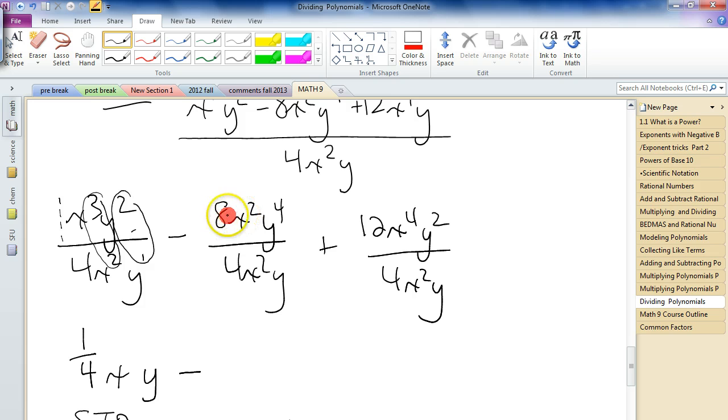Minus, here, there's no fraction to worry about. 8 divided by 4 is 2. The x squared minus the x squared. So the x's are gone, just becomes 1, which is 2 times 1 is just 2, so just leave it. And here you have a y and an imaginary 1 here, so you subtract these two exponents. 4 minus 1 is 3, so it's y to the power 3.